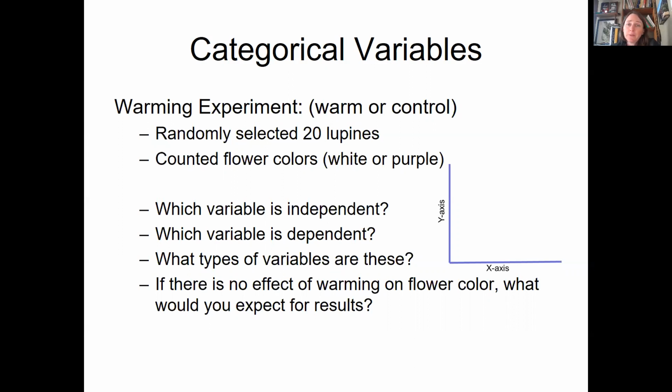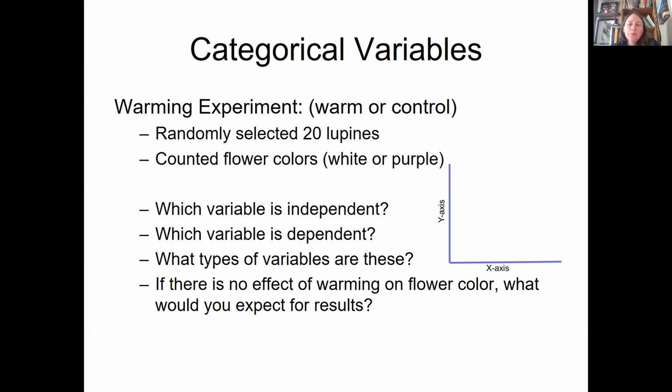Both of these variables are categorical, warm or control, white or purple. And if there's no effect of warming on flower color, what would you expect? Well, if warming doesn't influence flowers, then you'd expect the same numbers of white and purple flowers in both warmed plots and control plots, right?